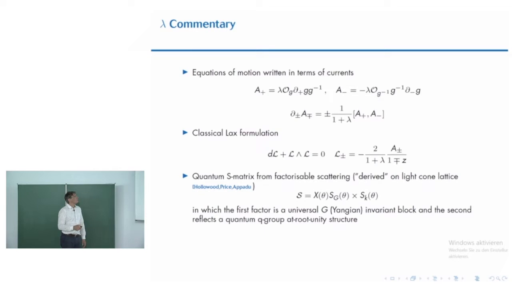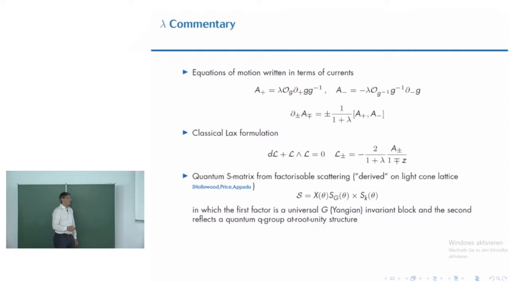It preserves integrability. The equations of motion have a classical Lax formulation. These were slides that Thomas sprinted through today, but I think they're the same. So the classical Lax for the lambda model. And actually, even better, there's an exact S matrix description. So classical is good, quantum even better.